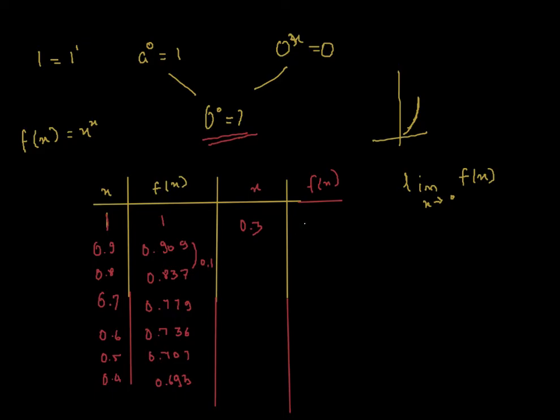For 0.3, have you calculated it? It is 0.696. Sorry, it is 0.697, because it is 0.6968. So till three significant digits it is 0.697.